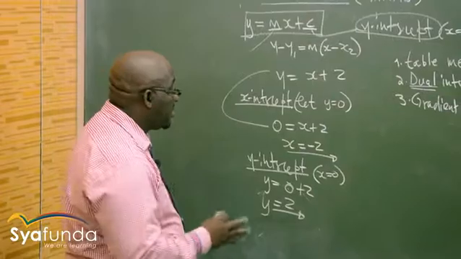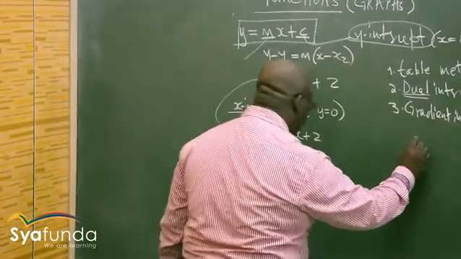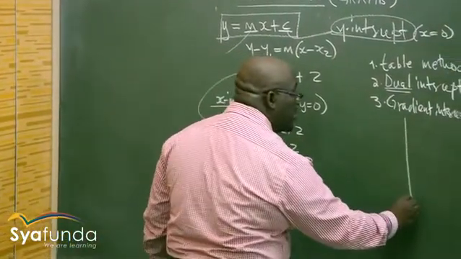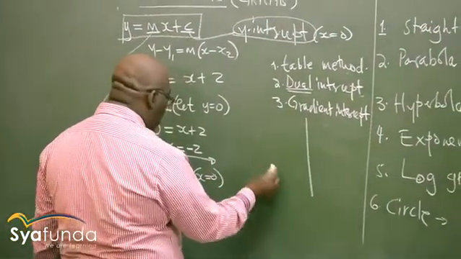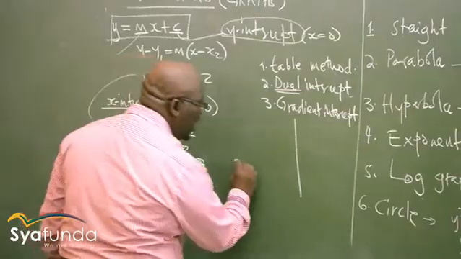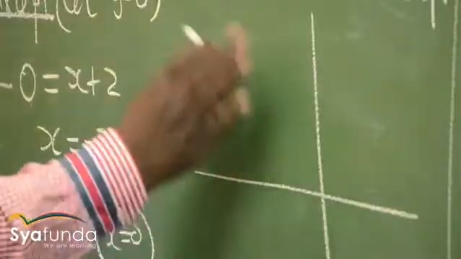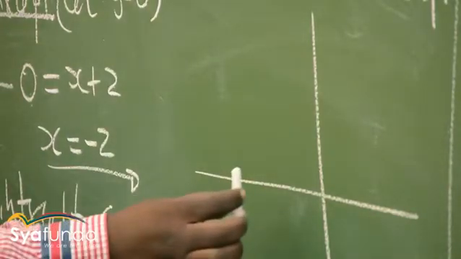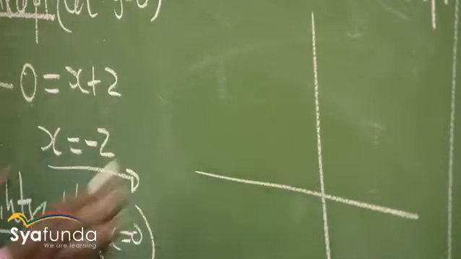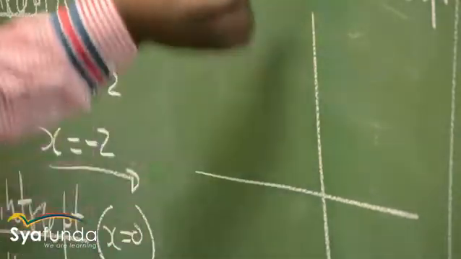Look at the x's. X is negative, so I'll need more of the negative part, and y is positive. So I plan the graph. X is negative and y is positive. So I can put my graph in this form. I know that my graph will be mostly in the second quadrant. I need more of the positive part.